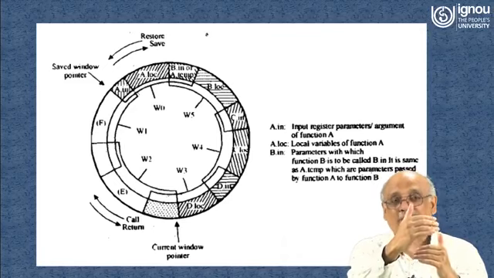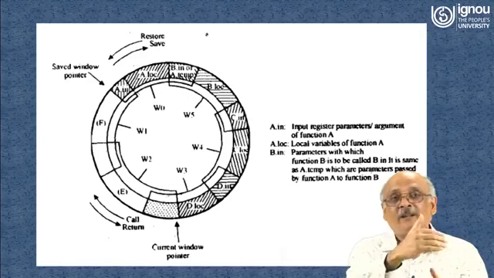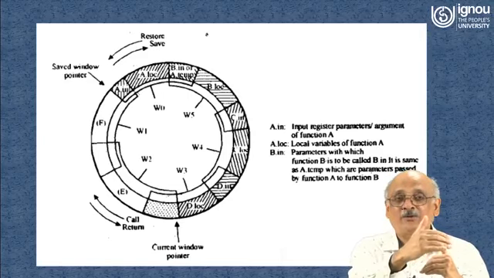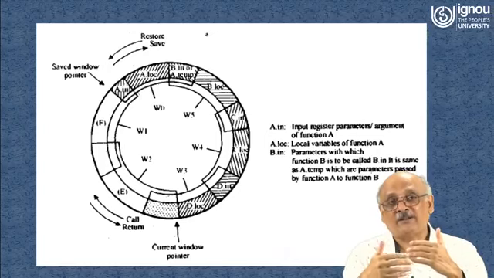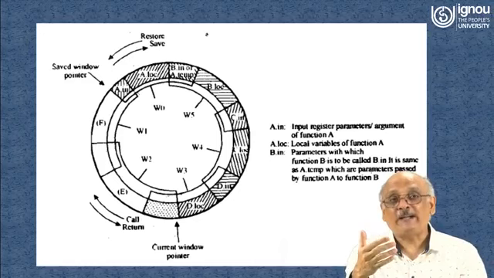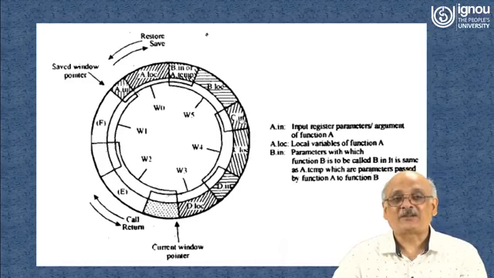If B has returned, then B will be passing back the results to A. Like that, the execution of subroutines becomes very effective when we are dealing with a reduced instruction set computer.